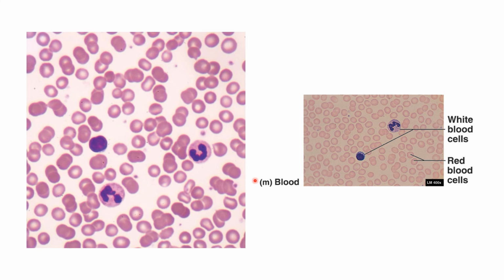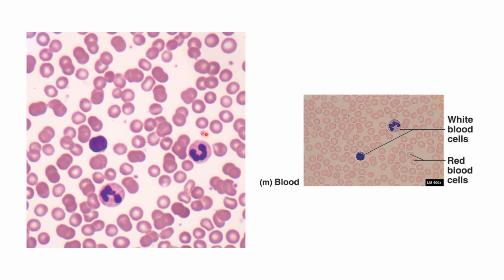But looking at what's here, first of all, these cells that have the paler center, that's called a red blood cell. And a red blood cell, we know, carries oxygen and CO2 to cells and away from cells. So these are oxygen carrying cells.